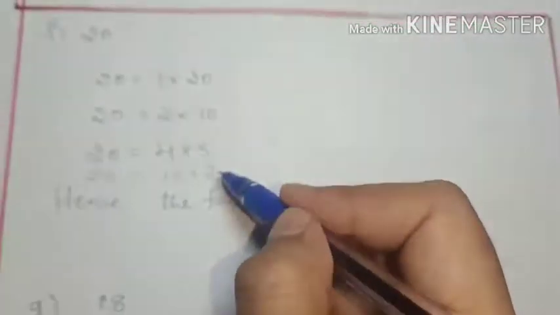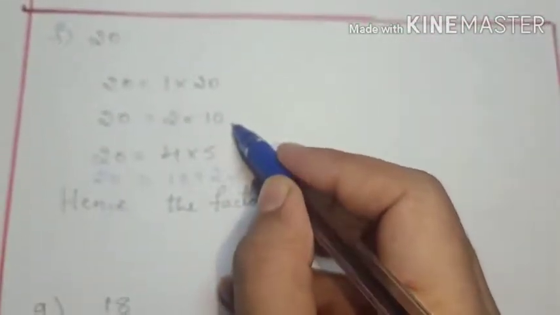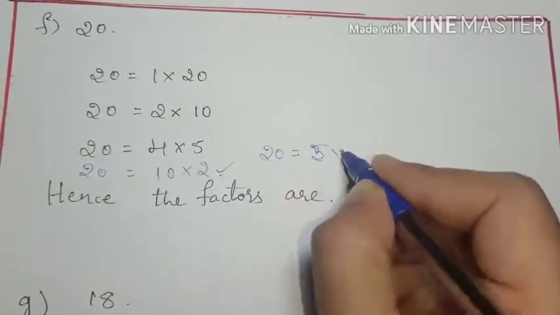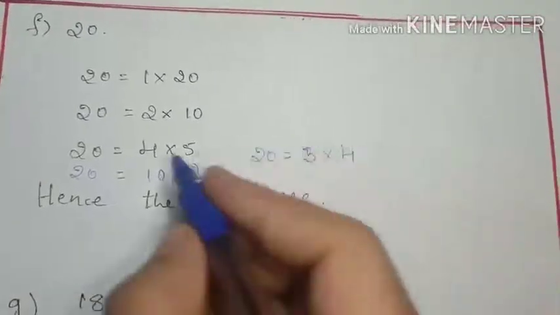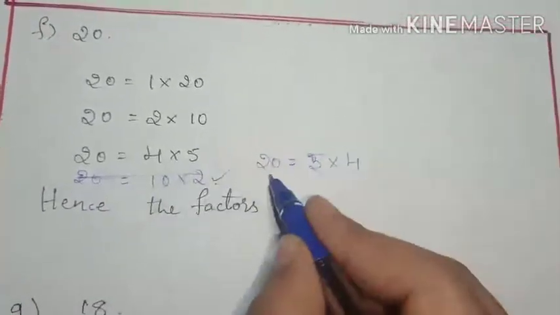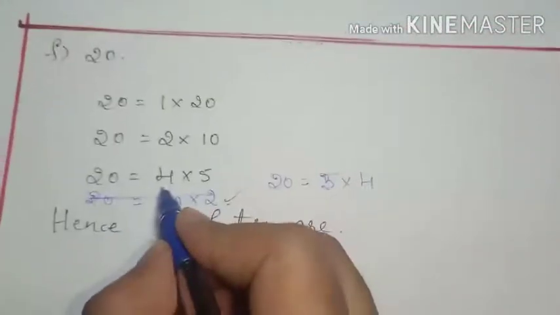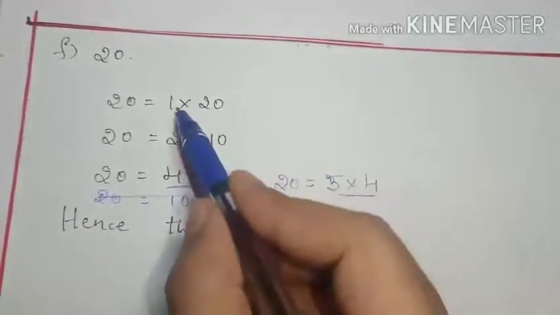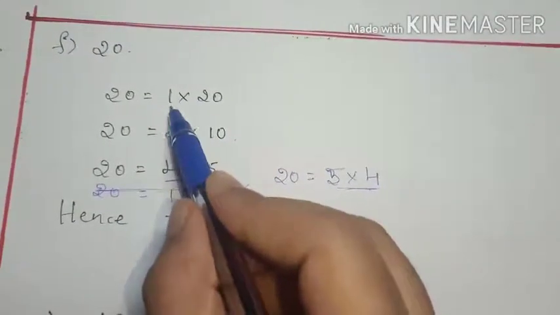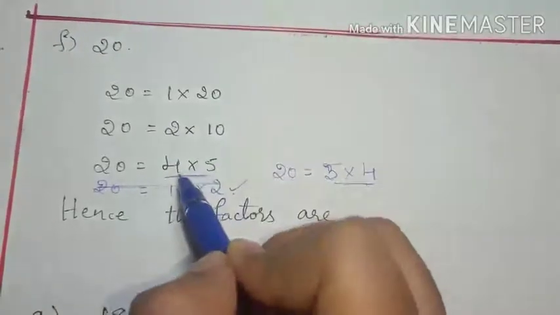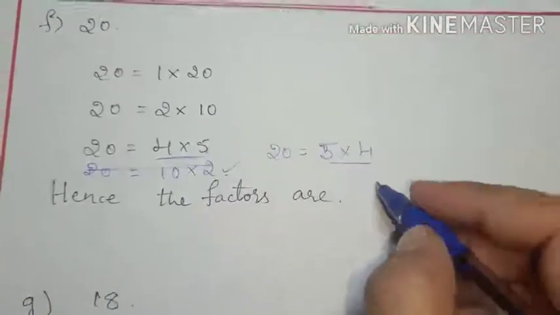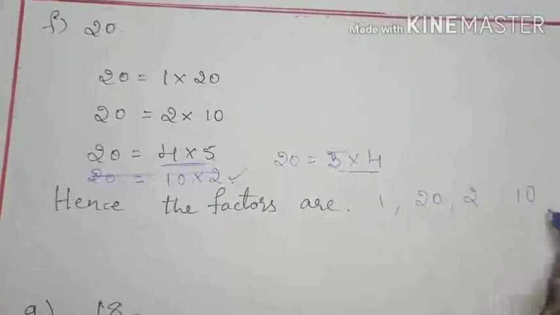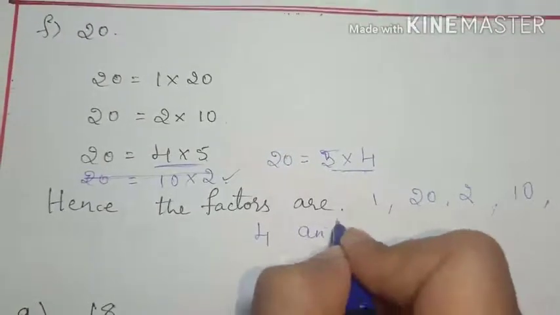Also 5 4s are 20, right? Since 4 and 5 are repeated, just stop here. The factors are 1, 20, 2, 10, 4 and 5.